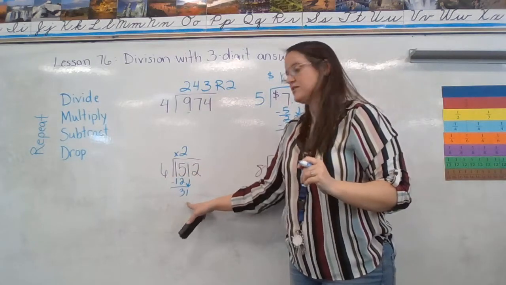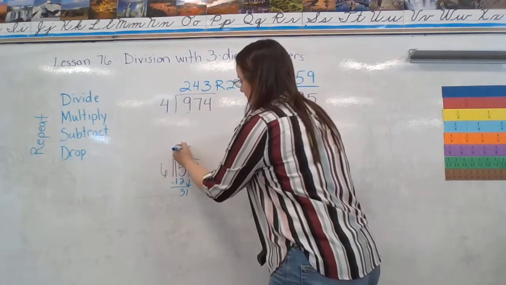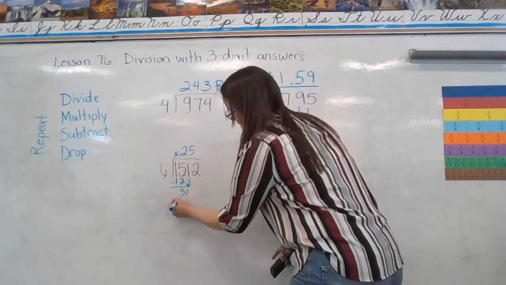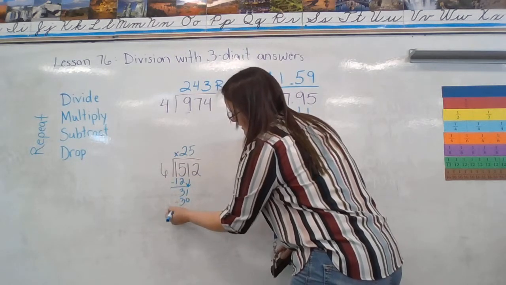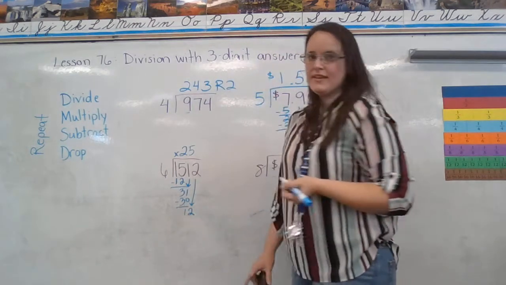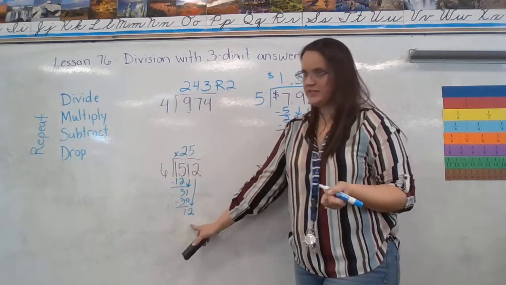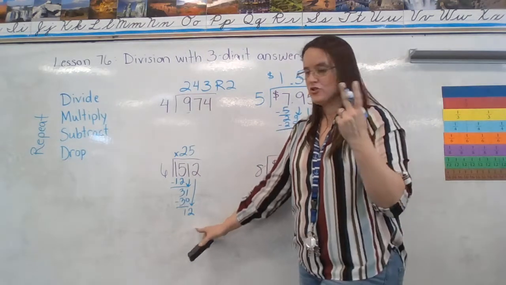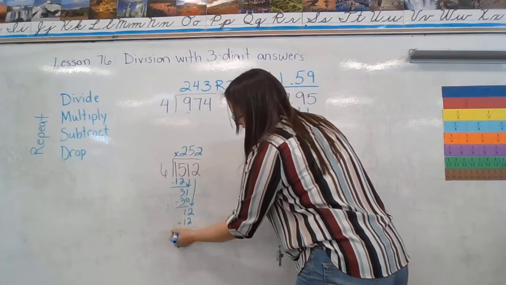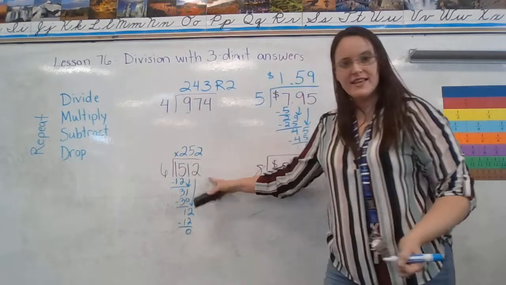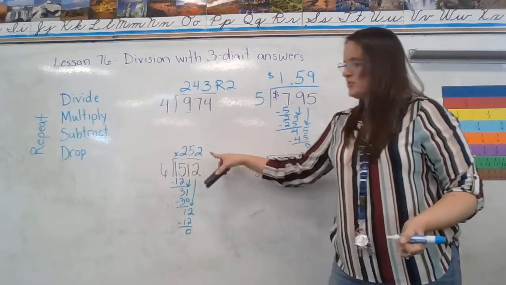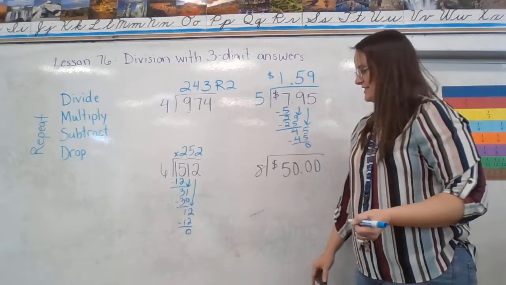How many times does 6 go into 31? 5 times. 5 times 6 is 30. Subtract. Drop. How many times does 6 go into 12? Twice. 2 times 6 is 12. Subtract. Nothing left to drop, and we don't have any remainder, so 252 is our answer.